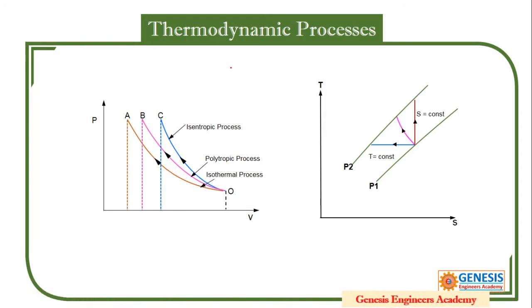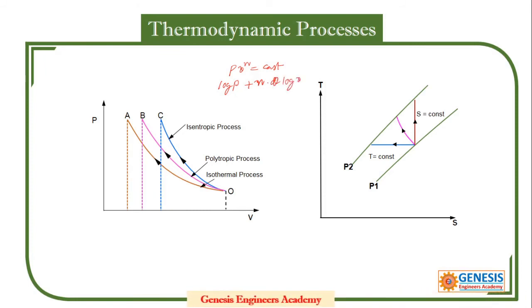I will use this formula to derive it: polytropic process, p v to the n is equal to constant. Adding a logarithm on both sides, I get log p plus n into log v is equal to log constant.